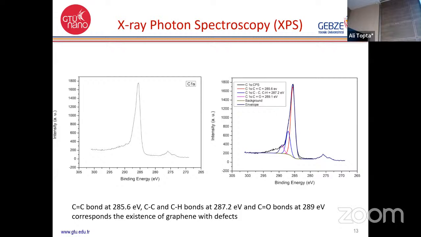And when we fit it with deconvolution, we get simply carbon double bonds at 285, single bond carbons and carbon-hydrogen bonds at 287, and also the carbon double bond oxygen, which presented itself at 289. These are all in agreement with the literature in terms of graphene with defects.